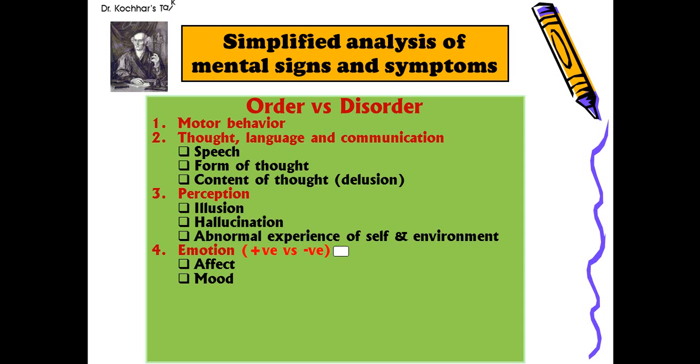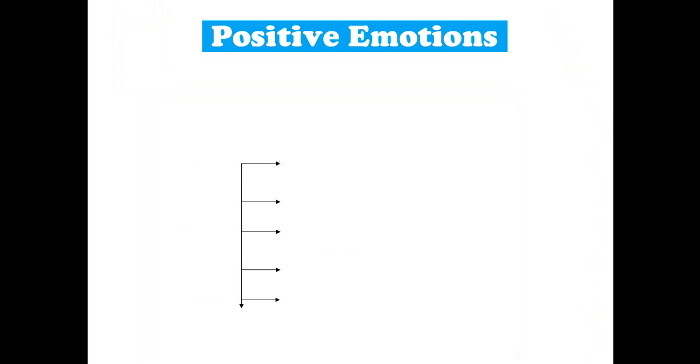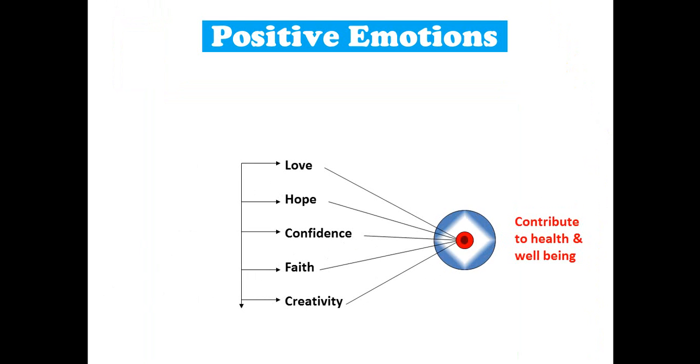Now under emotions, positive and negative emotions, and we have already seen that. I'll again emphasize that. Then affect and mood are covered under this. These positive emotions are love, hope, confidence, faith and creativity.